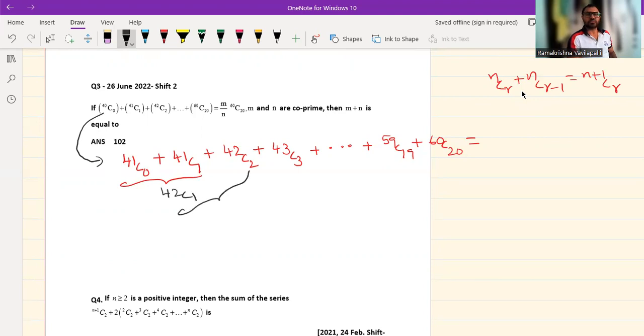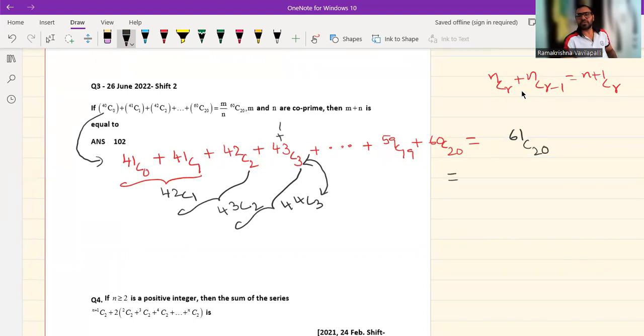Again adding these two, you will get 43C2. And again adding these two, nothing but 44C3 and so on. Here you see this number remains the same, but only one increased here. In the same way, you will get at last 61C20.